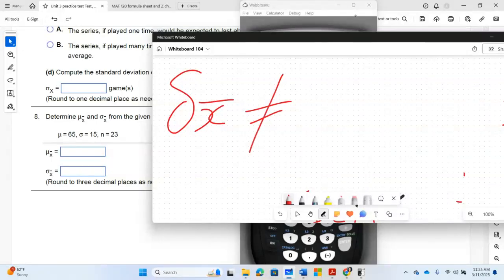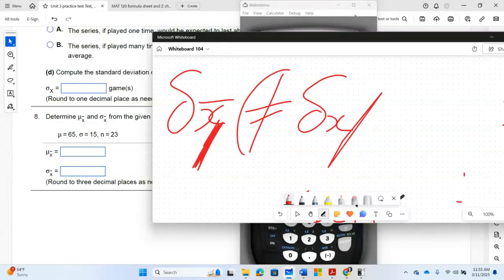It is not the same as standard deviation. In this case, x bar is the random variable. But right here, ordinary numbers are the random variables. So just note this, and we are going to start here next class because we're not in a hurry.